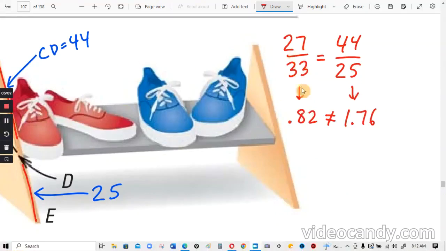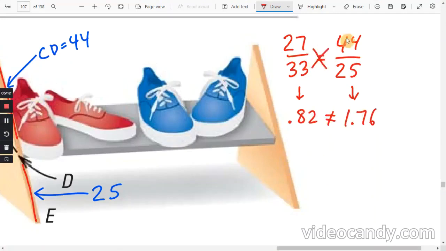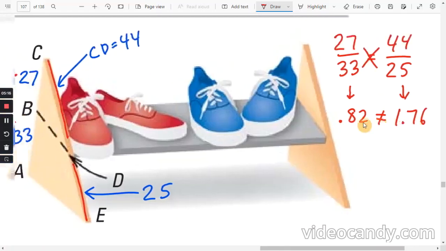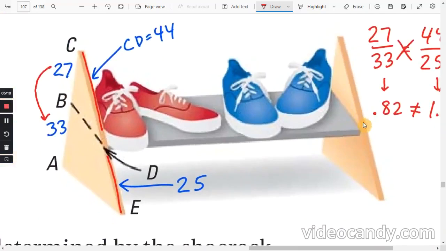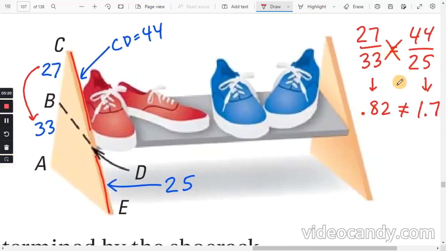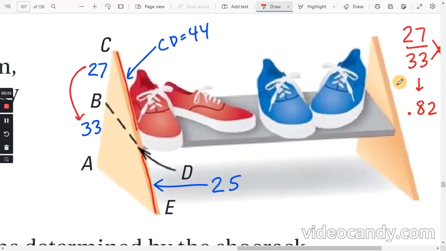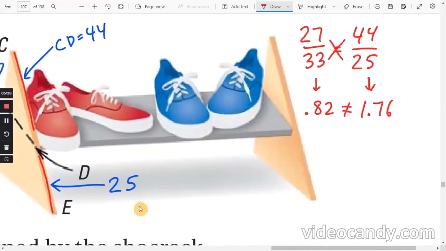For this one, I got 0.82. For this one, 1.76. Those are not equal. Okay. And alternatively, you can cross multiply and see if those are equal. If you didn't want to do the decimals, it's the same amount of work either way. But because these are not proportional, that means that this side here, BD, is not parallel to AE.